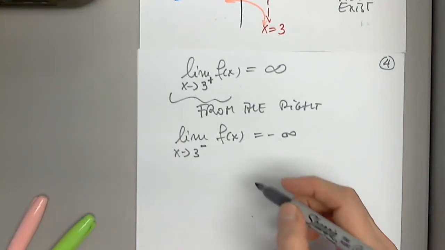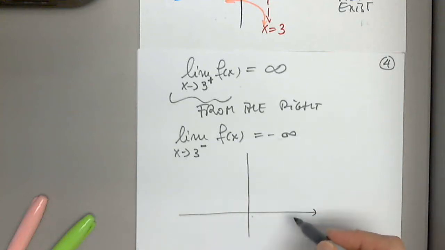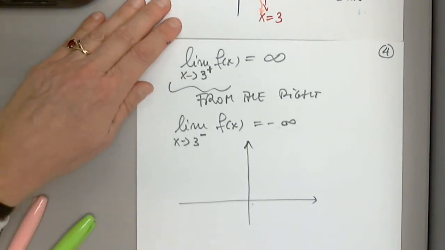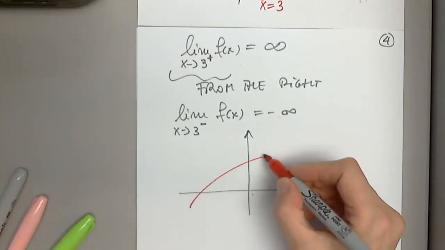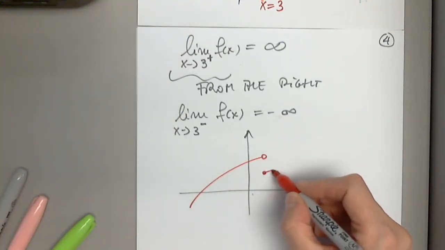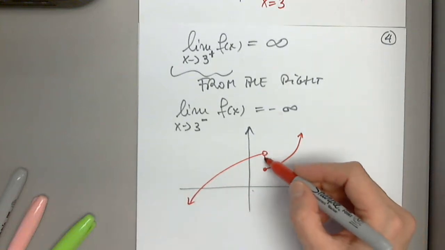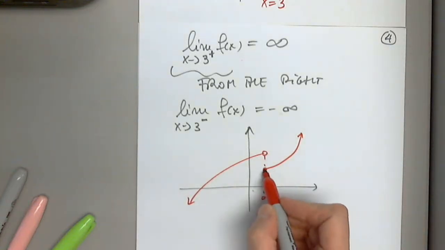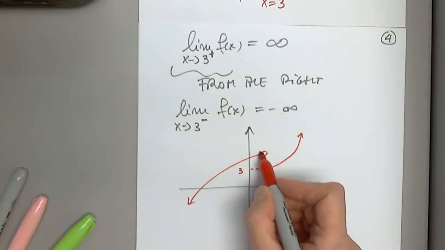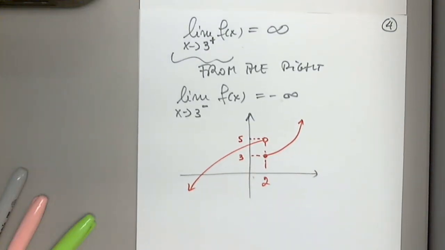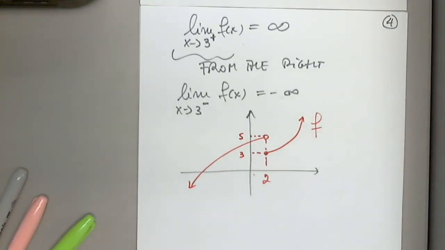Here's another example for you. And we can go back to the piecewise function we graphed. I'm just going to graph something. So let's say this happens at 2. This is 3, and this is 5. And here's a function.